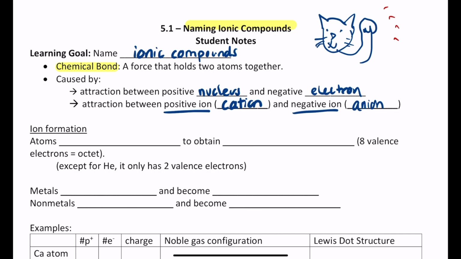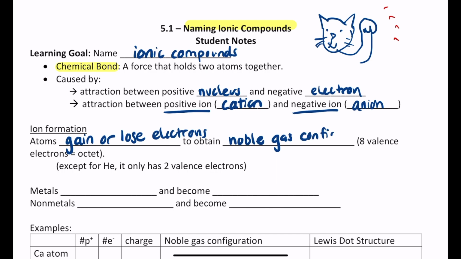Okay, so how are ions even formed? What are ions? Well, ions are formed when you have a regular element, like maybe a metal or a nonmetal, and these atoms are going to gain or lose electrons until they obtain something called a noble gas configuration.